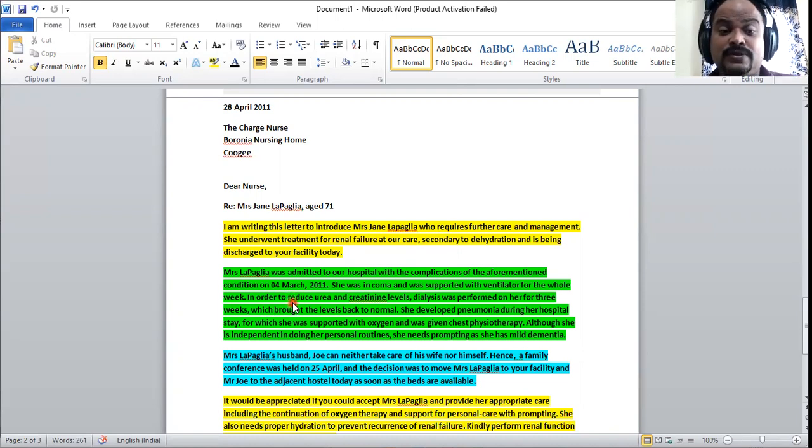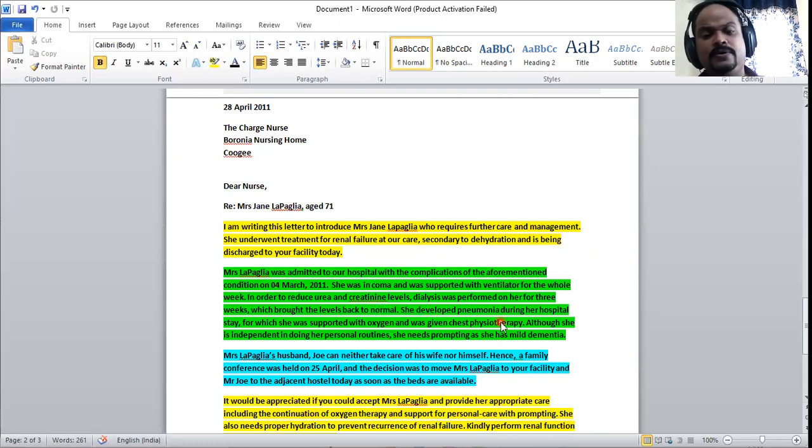In order to reduce the urea and creatinine levels, dialysis was performed on her for 3 weeks, which brought the levels back to normal. So we had her urea and creatinine levels abnormal at the time of admission. What we have done is give dialysis for 3 weeks after admission, and it was brought back to normal.